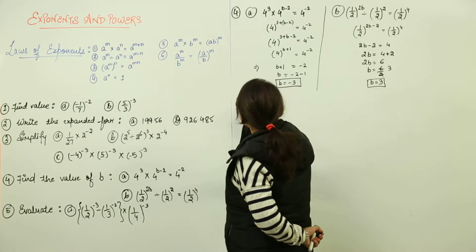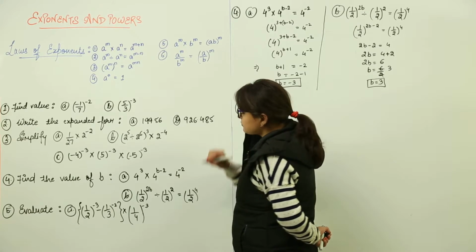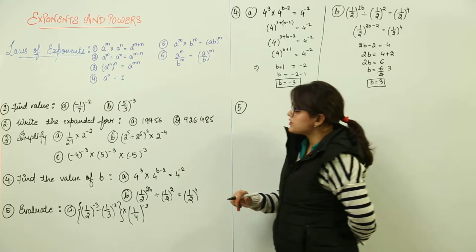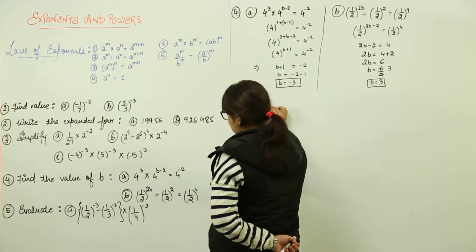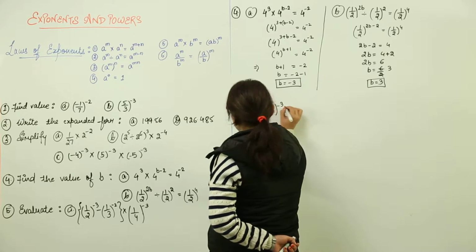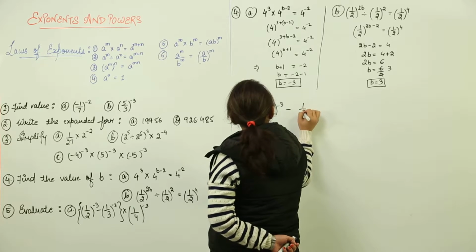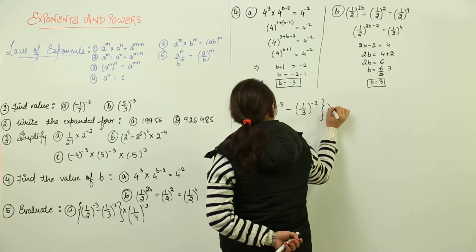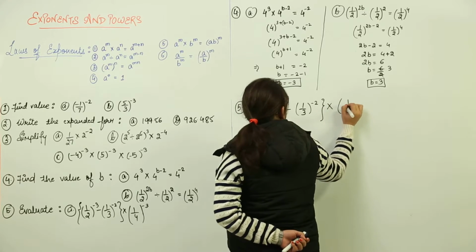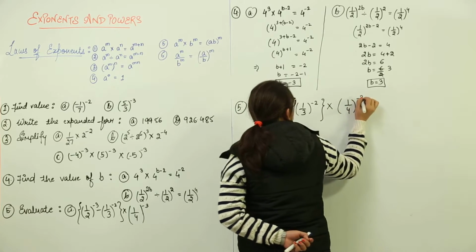Now the fifth question says evaluate. In this evaluation part, let me first copy it down. It says 1 by 2 raised to power minus 3 minus 1 by 3 raised to power minus 2. This whole is getting multiplied with 1 by 4 raised to power minus 3.